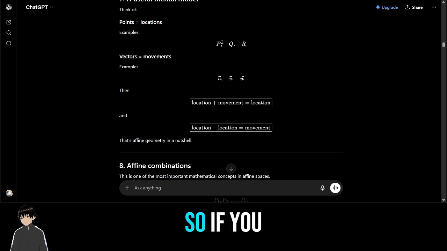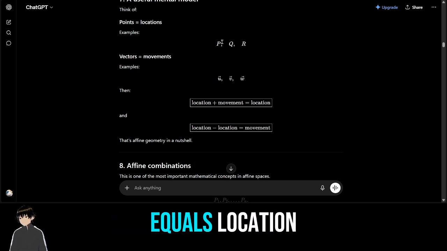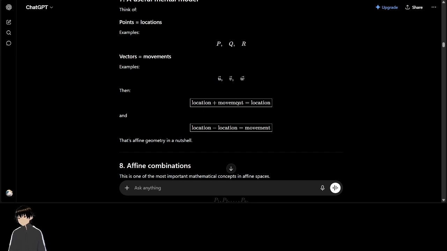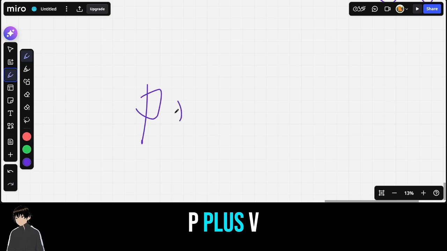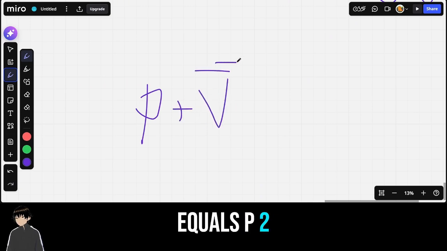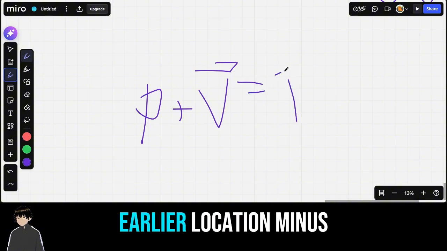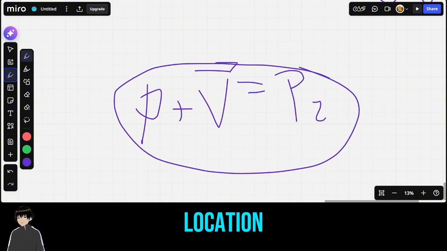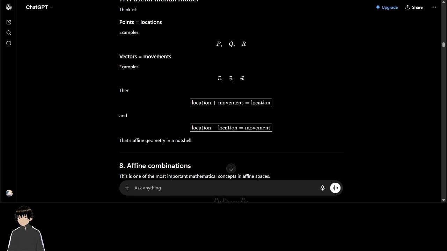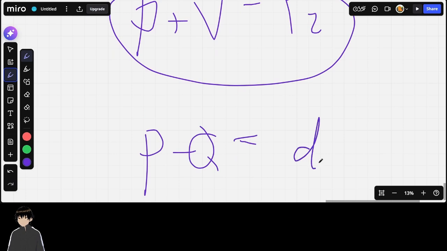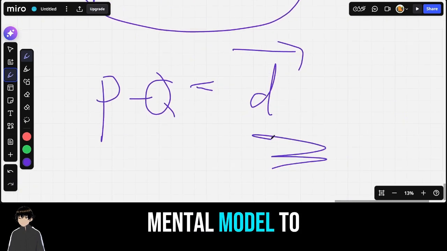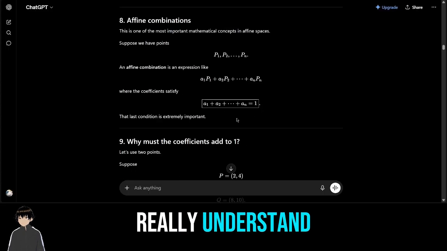So location plus movement equals location, just like P plus v equals P2. As I said earlier, location minus location is displacement. That's the movement. That's a good mental model to really understand what happens here.